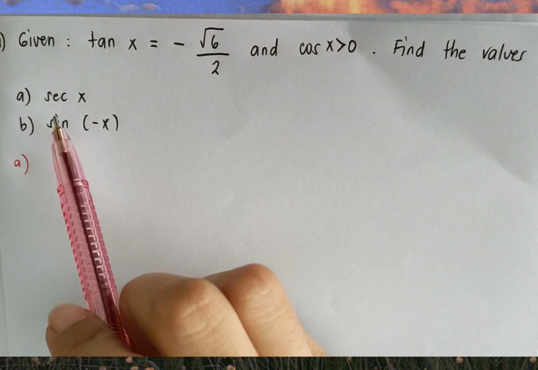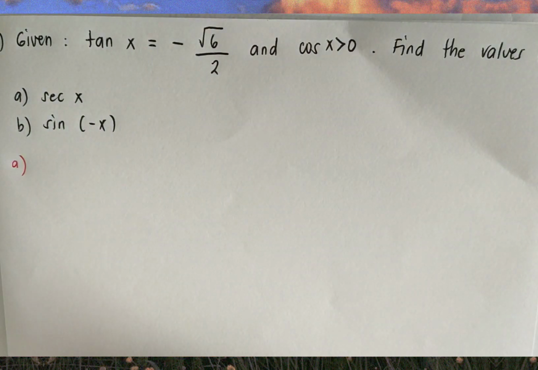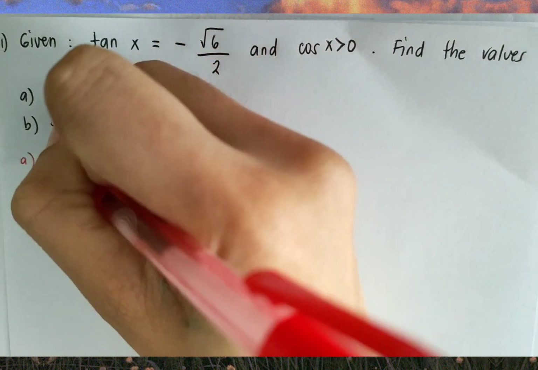For letter A, secant x is positive in the fourth quadrant. So we will use the Pythagorean identity to find secant x.